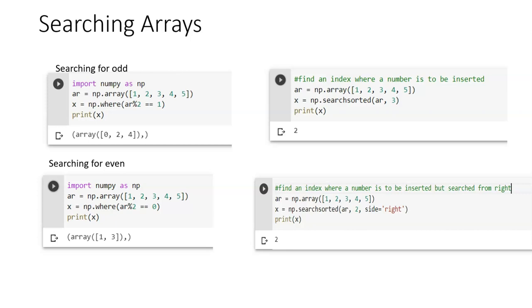Right? You can find an index where a number is to be inserted, but search from the right side, side equals right. You understand? All these things are possibilities. You search for a number, you search for a string, right? You can replace a string. You're trying to manipulate the array for the purpose of identifying the patterns.